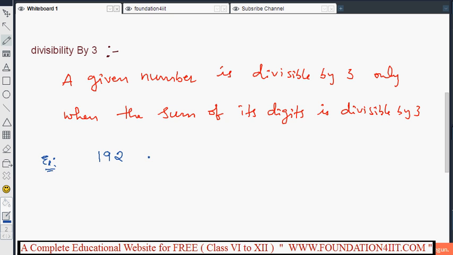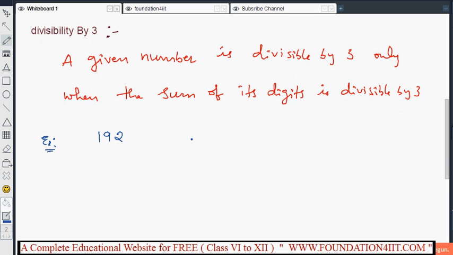We need to check whether this number is divisible by 3 or not. According to the condition, we add the digits: 1 plus 9 plus 2 is 12. Now 12 is divisible by 3 because 12 is in the 3 table. So 192 also is divisible by 3.